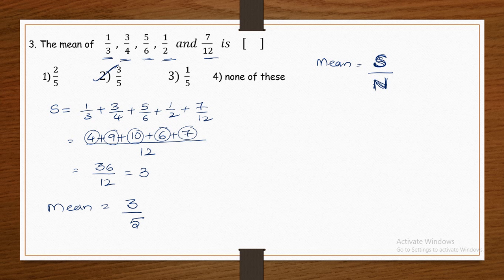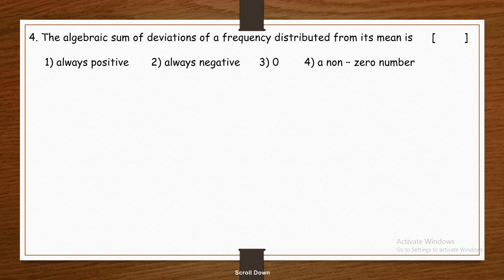Next, moving on to the 4th question. The algebraic sum of deviations of a frequency distribution from its mean. From its mean actually means when you consider the assumed mean, right?